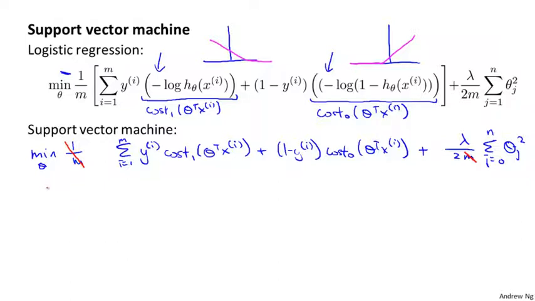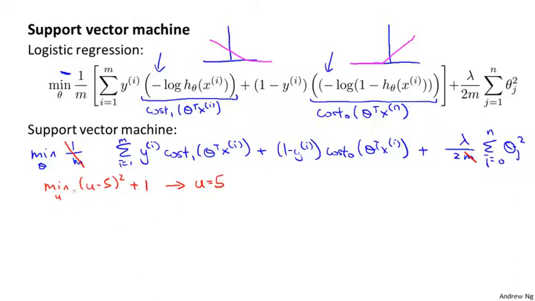Here's what I mean. To give you a concrete example, suppose I had a minimization problem: minimize over u of (u minus 5) squared plus 1. The minimum of this happens to be at u equals 5.